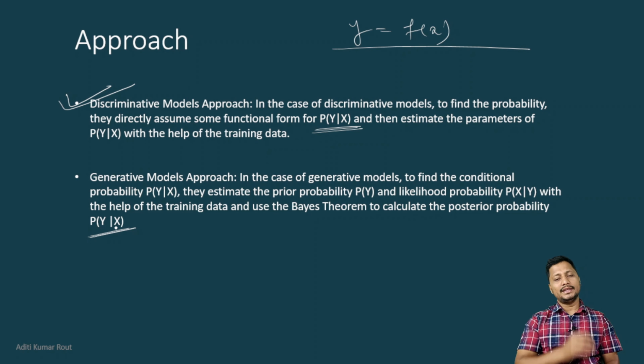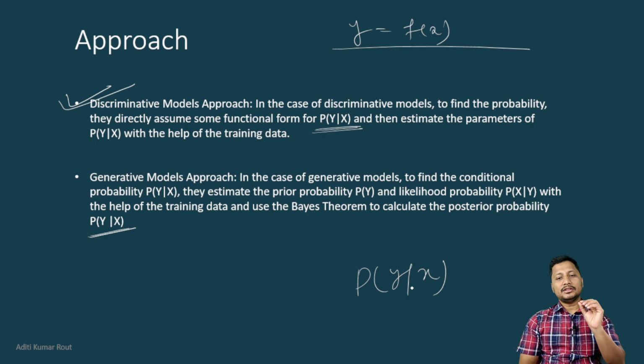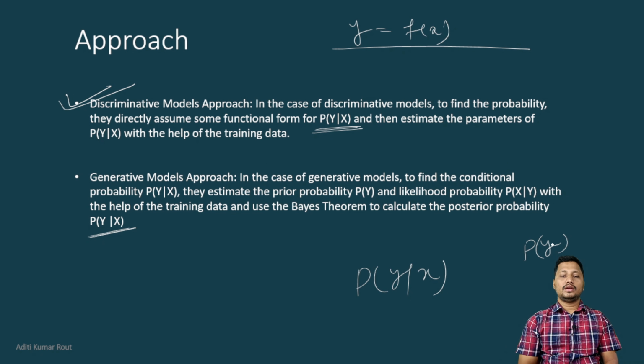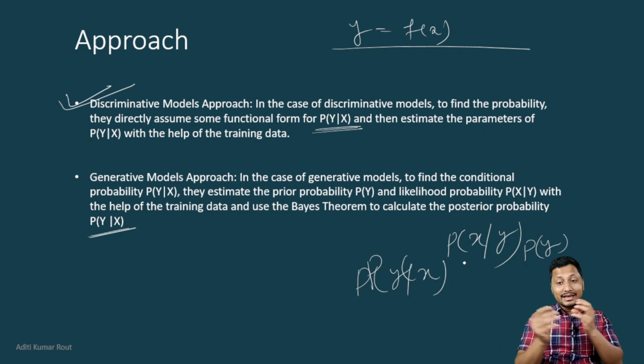Generative models find the conditional probability of y given x by first estimating the prior probability p(y), and the likelihood probability p(x given y), how likely that particular observation is, with the help of some training data, and then use the Bayes theorem to calculate the posterior probability.